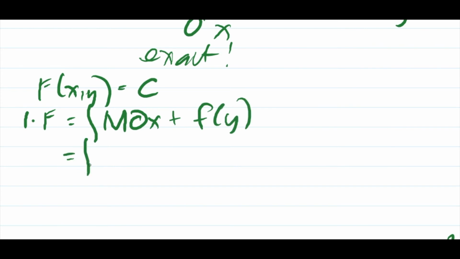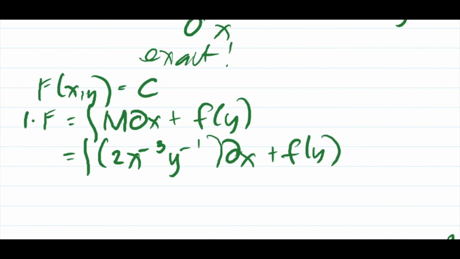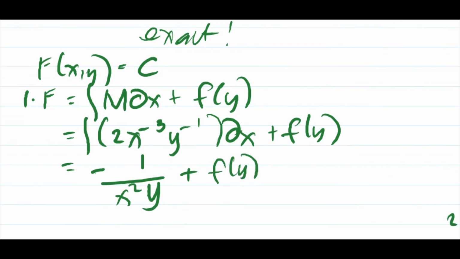This is the integral of 2x raised to negative 3 y raised to negative 1 partial x plus f of y, which is equal to negative 1 over x squared y plus f of y.